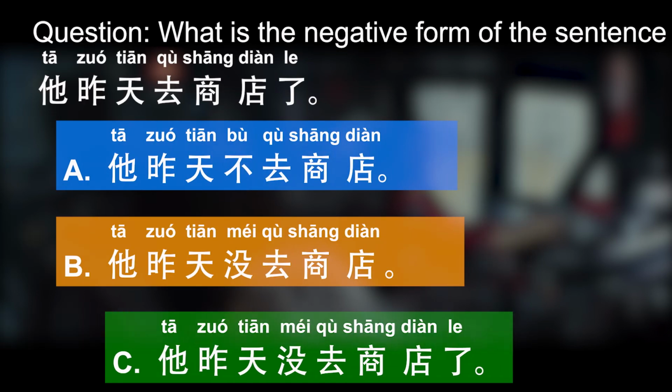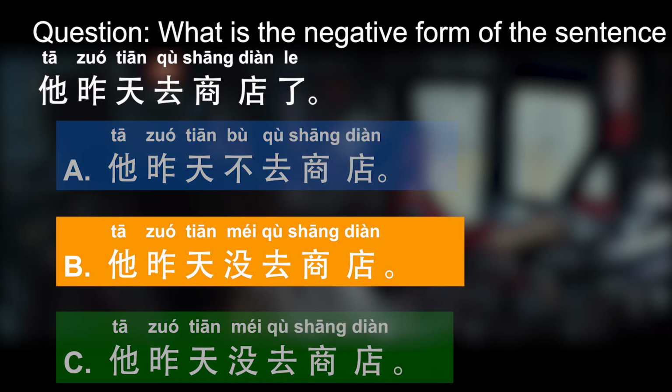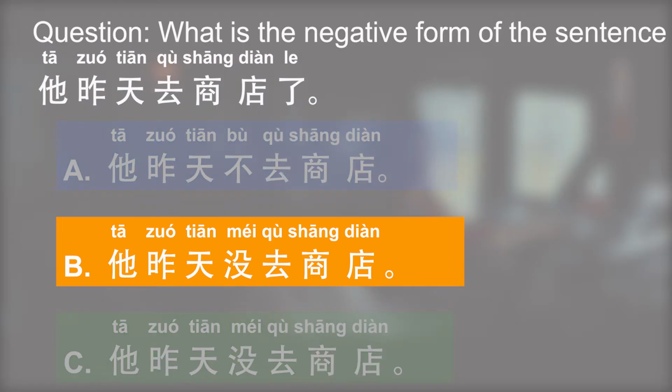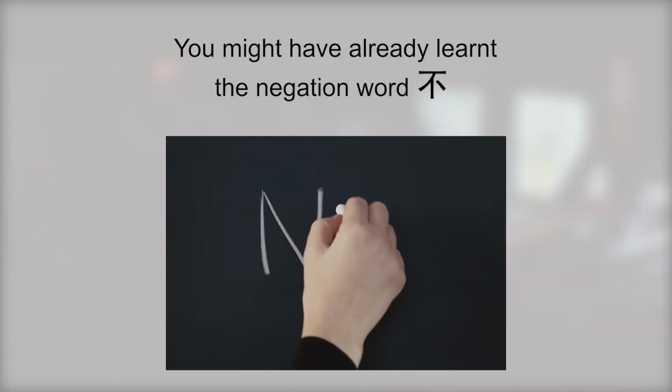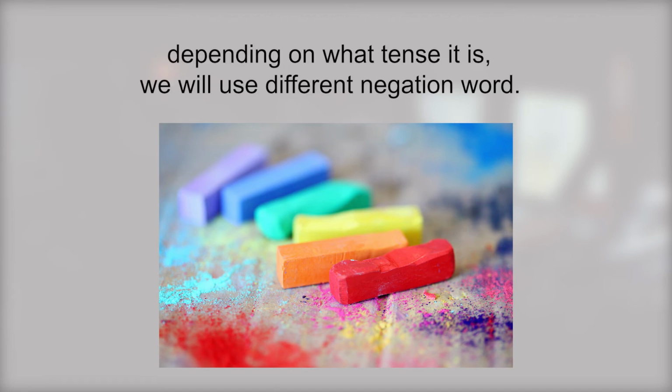Question: What is the negative form of the sentence 他昨天去商店了？You might have already learned the negation word 不, but in the negative form of the completion 了, depending on what tense it is, we will use different negation words.